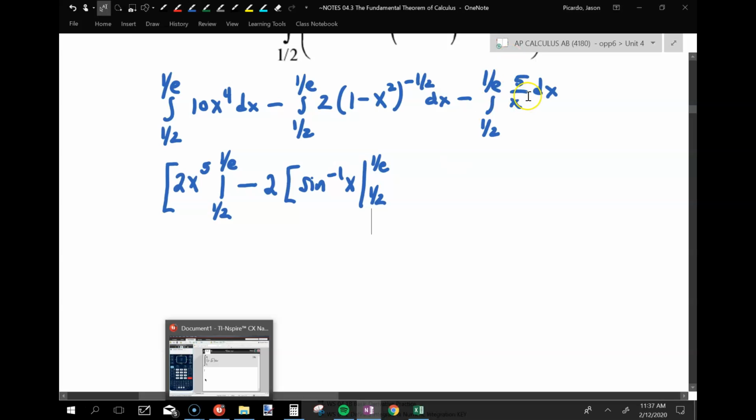And lastly, we have what? This is the same as minus 5 natural log of the absolute value of x. I gotta do littler ones.